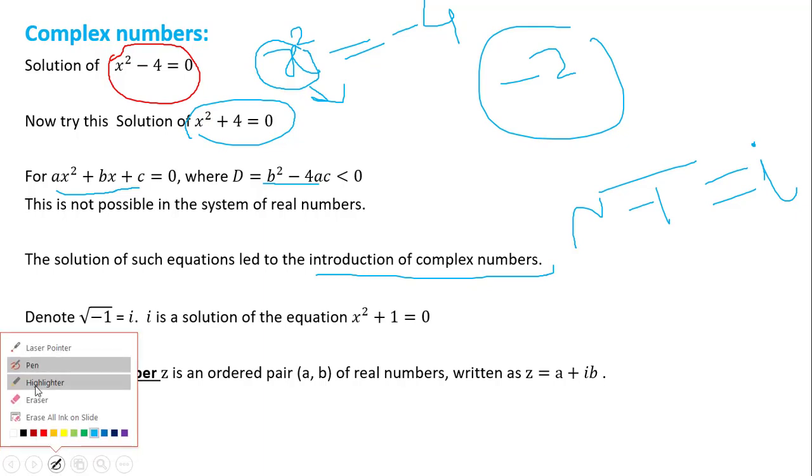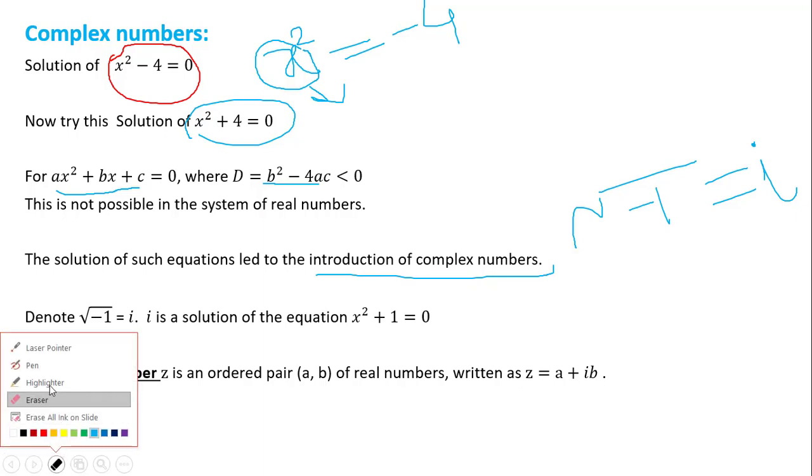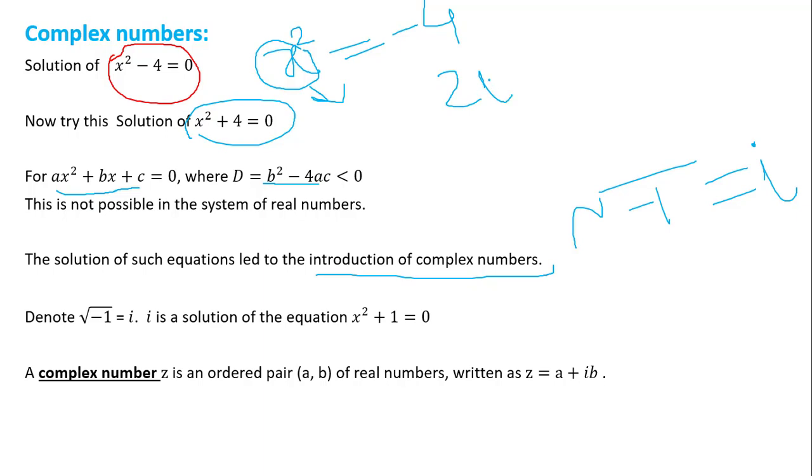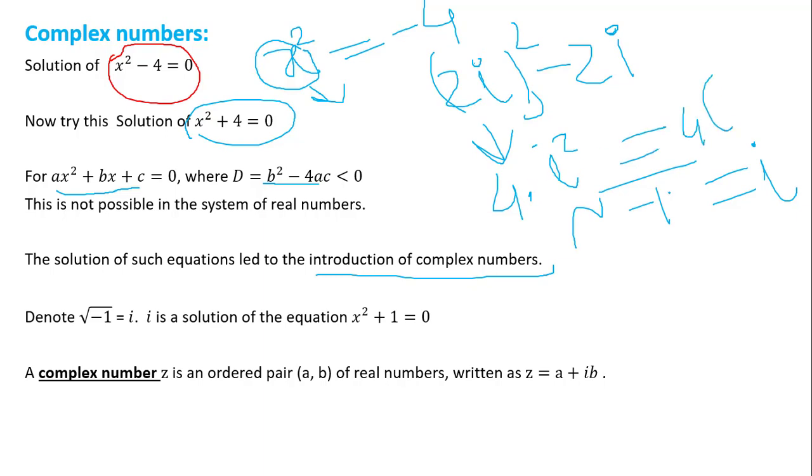So now I can say that 2 iota and minus 2 iota are the solutions of this, because once I square this, 2 into iota, 2 square is 4 and iota square is minus 1, so this is minus 4. Similarly, if I square minus 2 iota, I get 4 into iota square, which is minus 4.